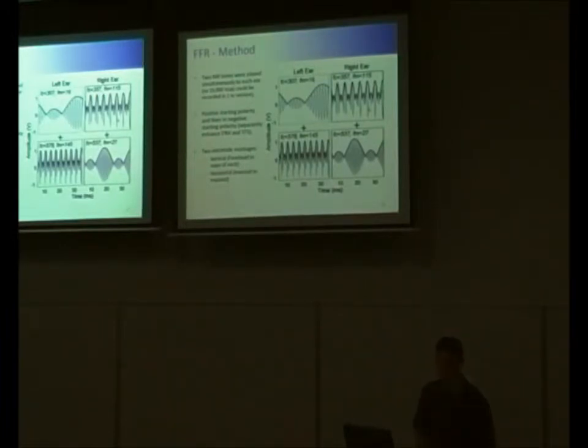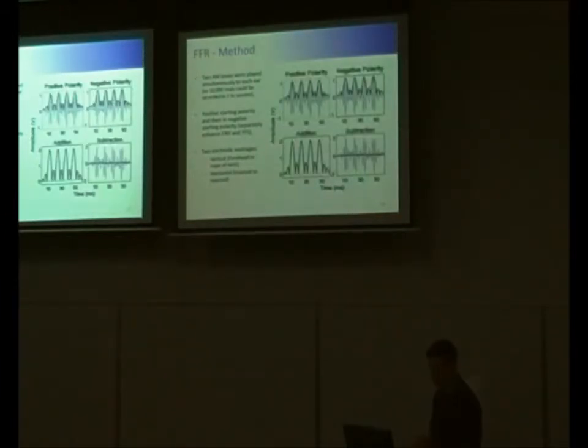We recorded our FFR with two electrode montages: from the forehead to the back of the neck, which was vertical, and from one mastoid to the other, which was our horizontal. This might give us slightly different sensitivity to different parts of the FFR, but I won't really go into too much detail on that today either. So we're just going to look mostly at the vertical.